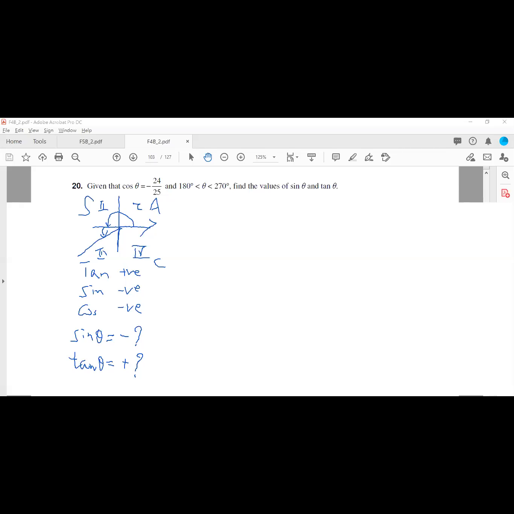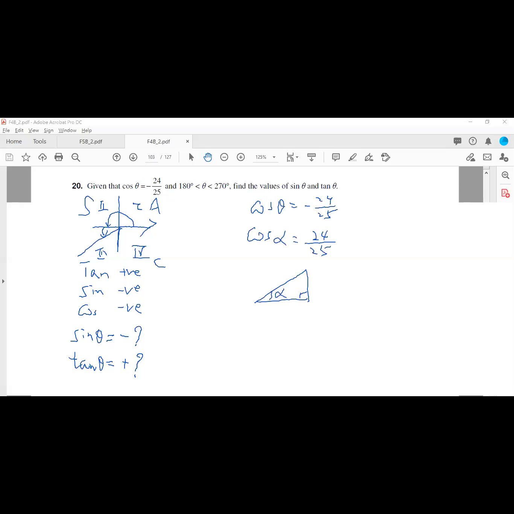Okay, so let us find out the what now. We have cosine theta is negative 24 over 25. The first step is to change it to alpha. Cosine alpha is always positive, so just copy the positive number. Then draw a right-angled triangle with the alpha here.